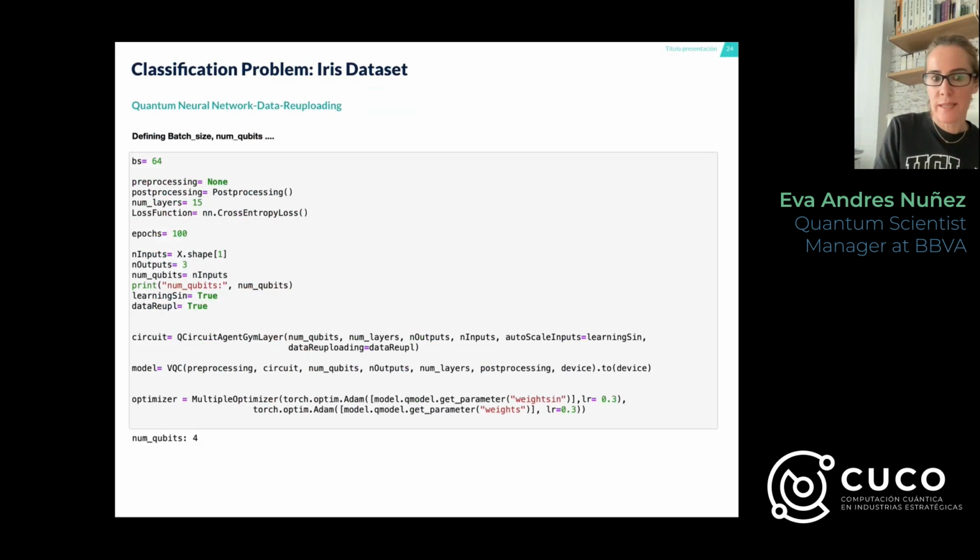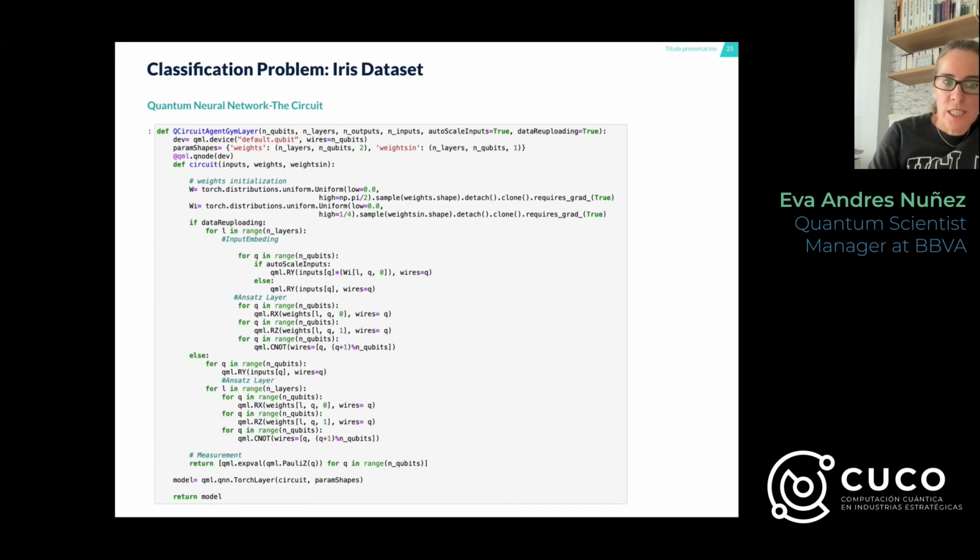In this case, we use the same values, but I added this here in case it is necessary to change the values. So this is the circuit, this is the container of this circuit, and this is the multi-optimizer. This is the weight, or the learnable parameter, for the encoding layers, and this is the weight for the ansatz layers. In this case, we're also using 4 qubits.